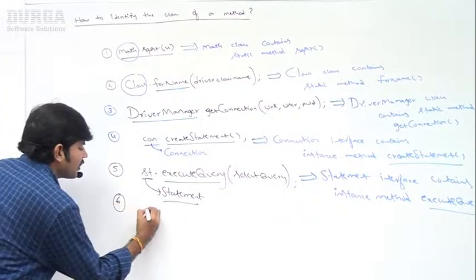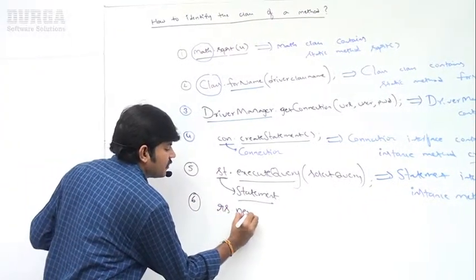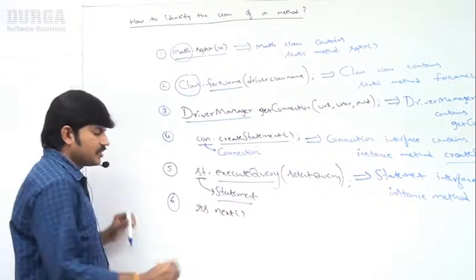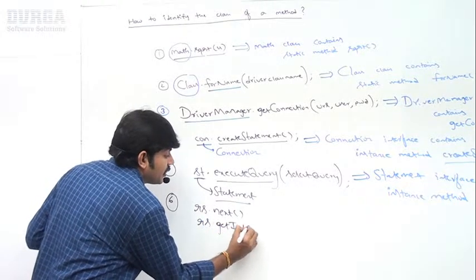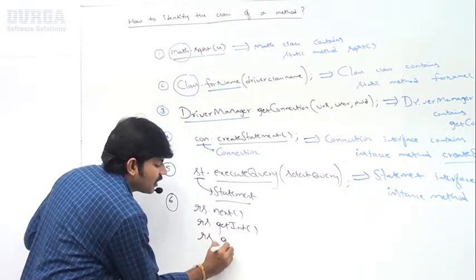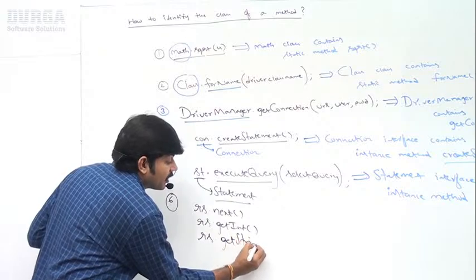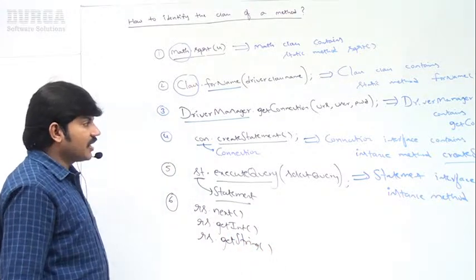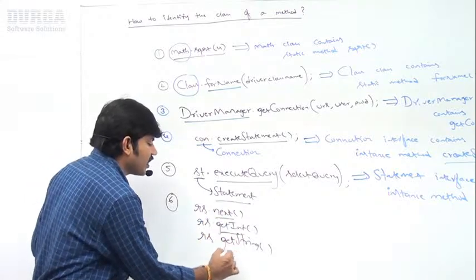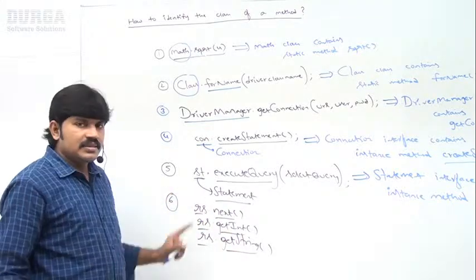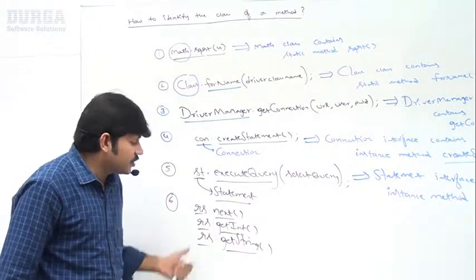Sir, rs dot next. Are you getting? Sometimes I'm calling rs dot get int. Sometimes I'm calling rs dot get string. Sir, it's very clear. All these methods you are calling on rs. rs is a class name or object reference? Object reference.